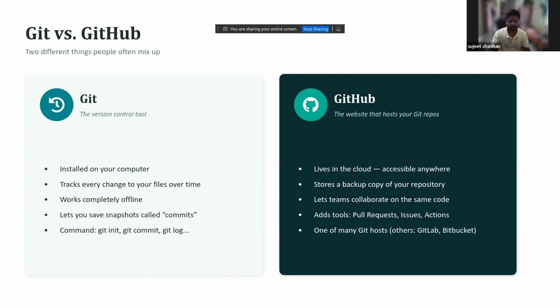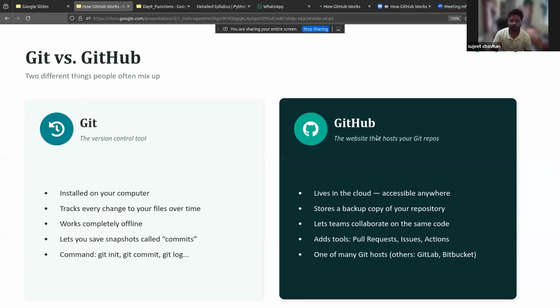Excellent doubt. There is a commit history, and you can go to that commit history and recover the old code also. With the date you pushed and who pushed, everything will be saved.